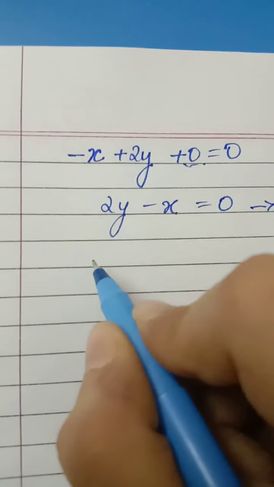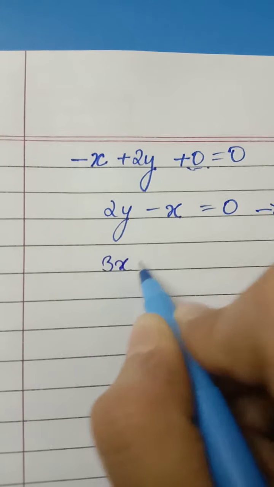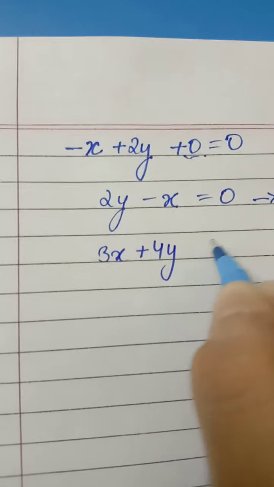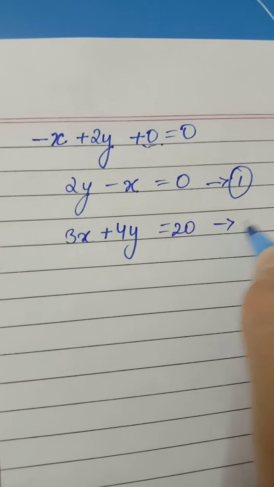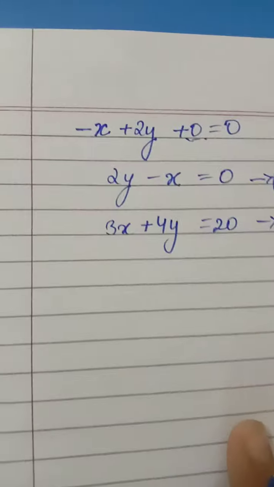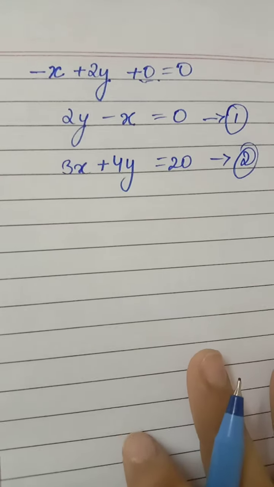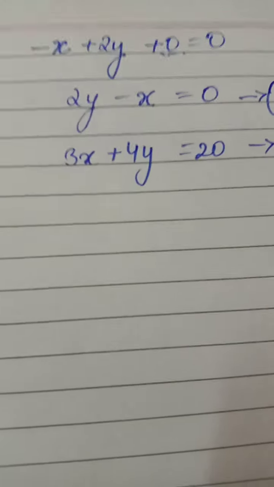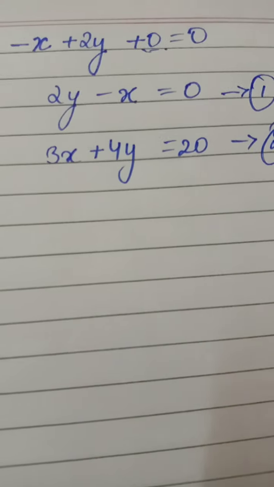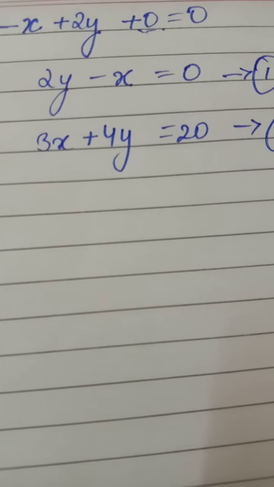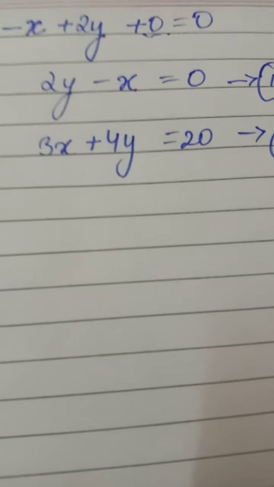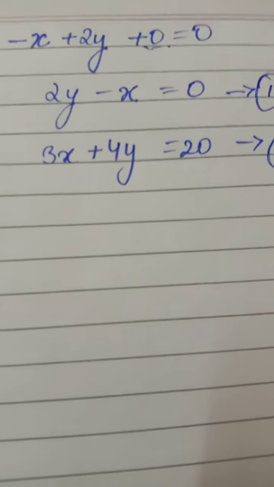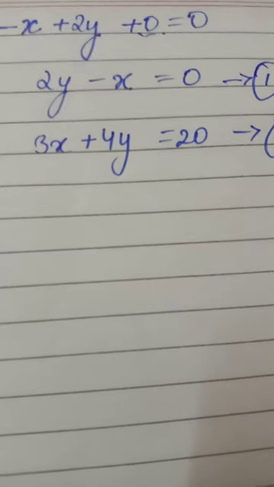And the second equation is a similar one: 3x plus 4y is equal to 20. This is our second equation. Now let us find the solutions for that. You have to find a minimum of 3 solutions for each equation.